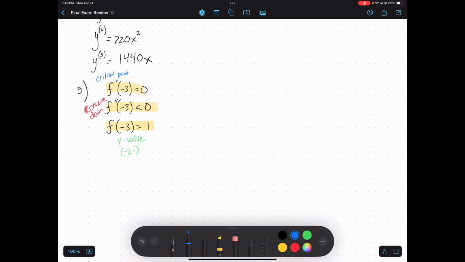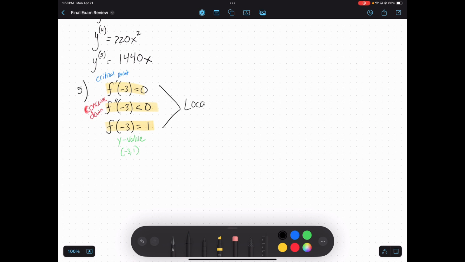And critical points are important because what happens at critical points? What can I potentially have at critical points? Local min or max. Right, a local min or max. So this tells me I have a potential local min or local max at negative 3, but I'm concave down, meaning that it has to be a max. It has to be a local max. Very nice. So put it all together.